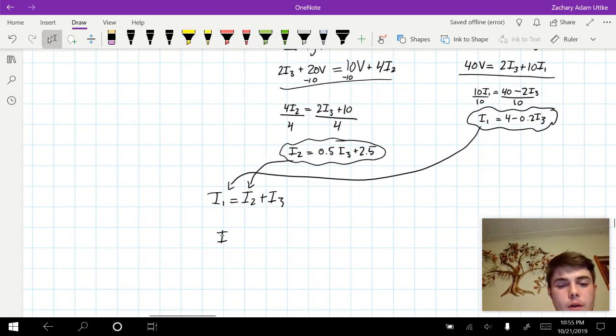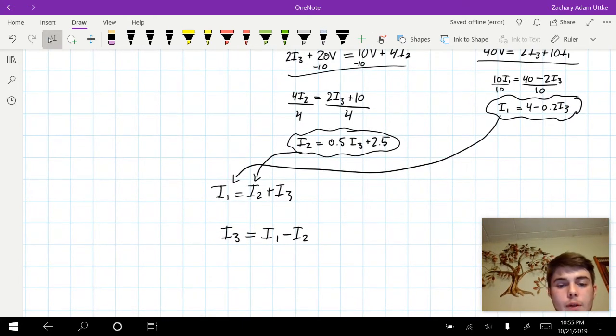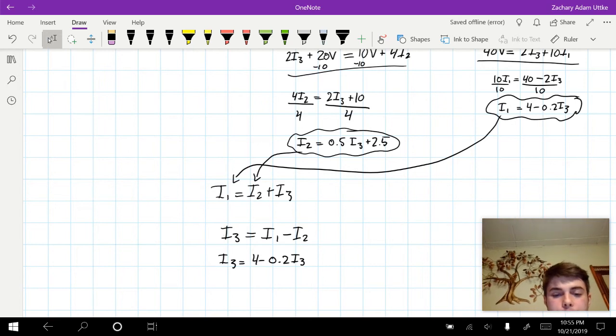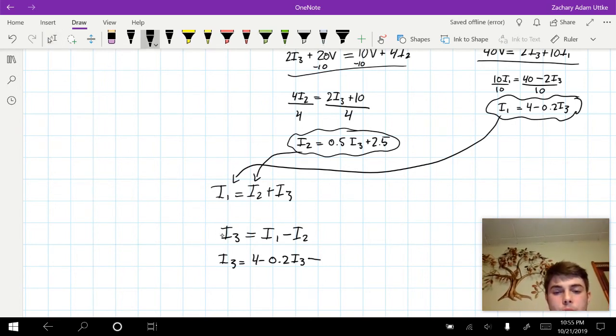So I3 equals I1 minus I2, like that. So plugging in I1, I3 equals 4 minus 0.2 I3 minus what we have for I2. So if we're subtracting I2, we have 0.5 I3 minus 2.5.